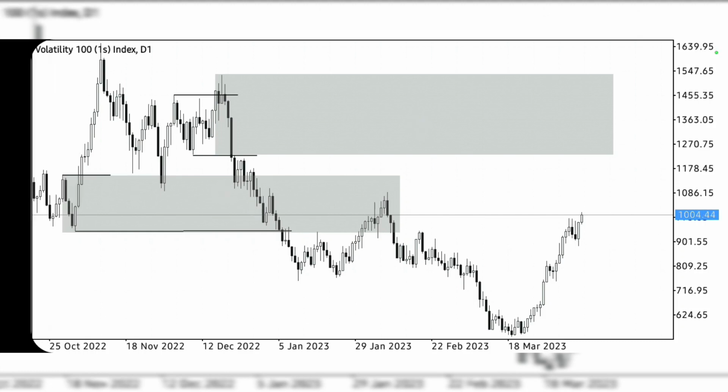But for the secondary area of interest that we used here, because the market perhaps used this area to continue to the downside, this is our secondary point of interest, from this high to this particular low. That is where we are marking out our secondary area of interest. The market can decide to use support and resistance.